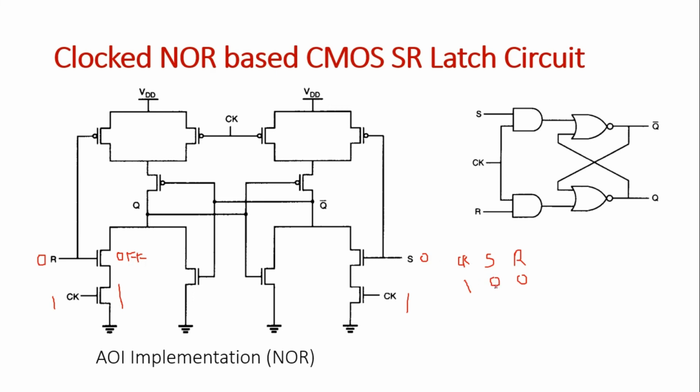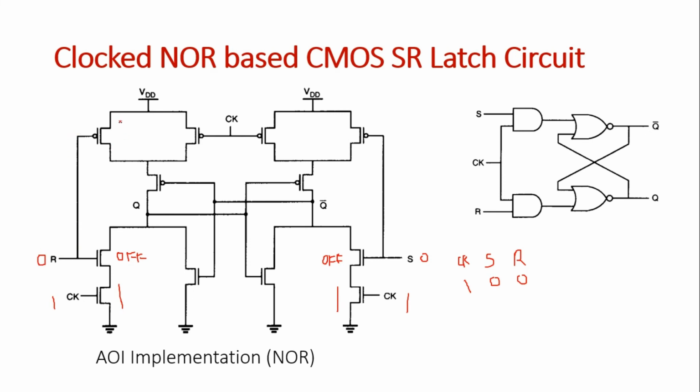Okay, similarly this S is again 0, so it will be turned off, and clock will be turned off, turned on, and short circuited. The complement will be over here. PMOS transistor will turn on whenever the input is logic 0.